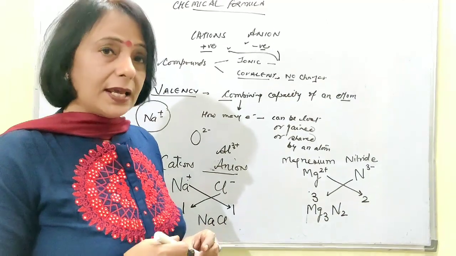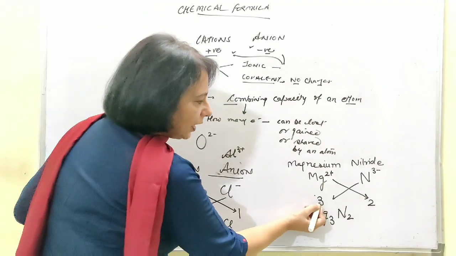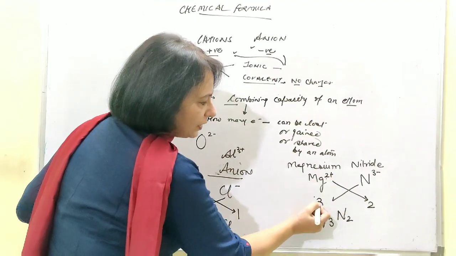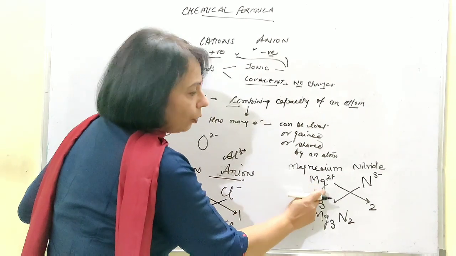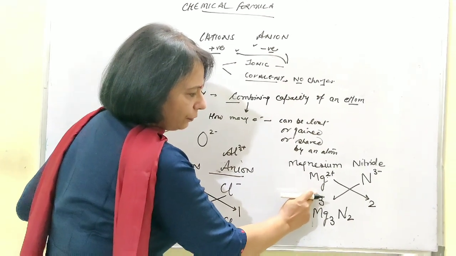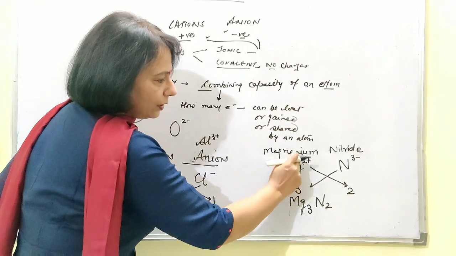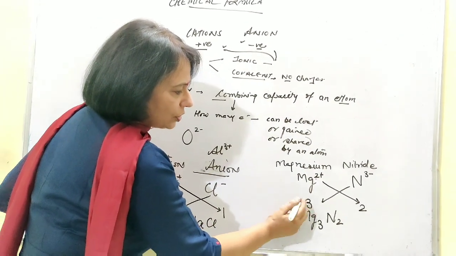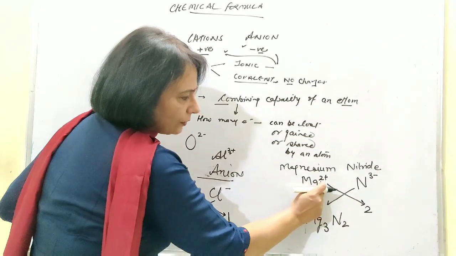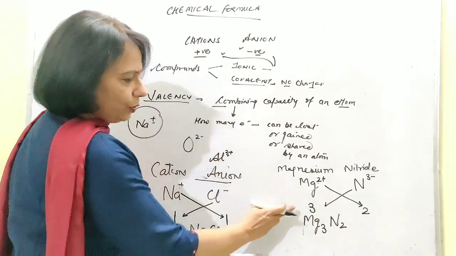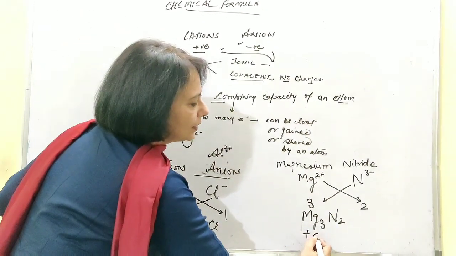Now you try to understand how. This 3 means 3 atoms of magnesium, and they were also in the form of ions. So overall, 1 magnesium ion is carrying the charge of +2 and 3 will be carrying the charge of +6.